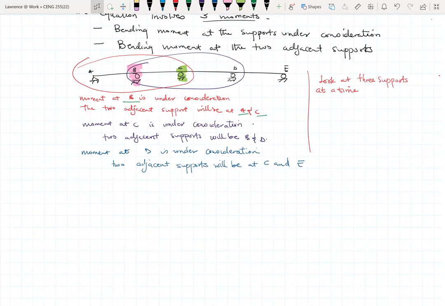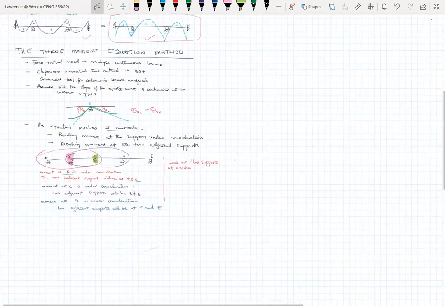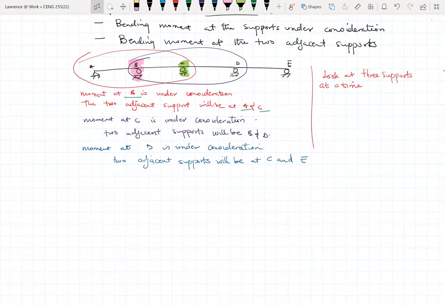Okay, one other way to look at it is that in the first case, in this case here, we are considering spans AB and then BC, sorry, not AC, BC.